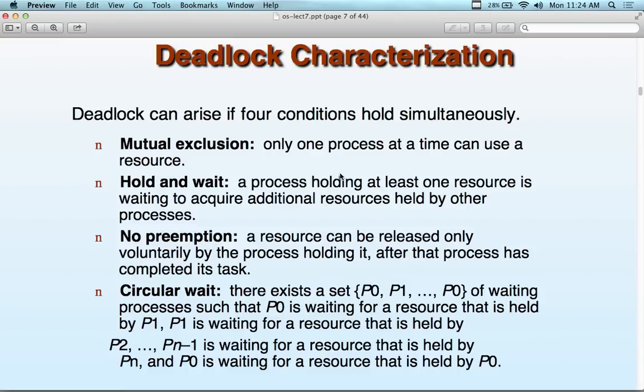No. Nope, that's a race condition. 2 processes are going for the same resource. I have a pen and 2 people want to use the pen. I'm using the pen. If I'm using the pen, that's not a deadlock.